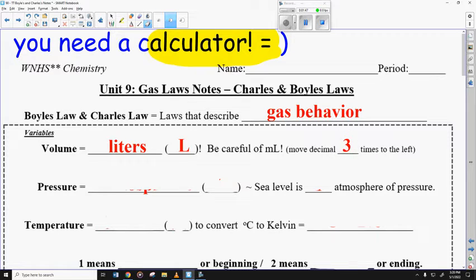So just don't forget, if you're starting with milliliters and you want to convert to liters, go ahead and move that decimal over 3 spots to the left, and vice versa if you're starting with liters and you're trying to go to milliliters. So for example, if you had 591 milliliters of some gas, you'd have to move that decimal that's right behind the number 1, 3 spots to the left, and that would equate to 0.591 liters, or whatever gas it is you're talking about. Okay? So just watch out for stuff like that.